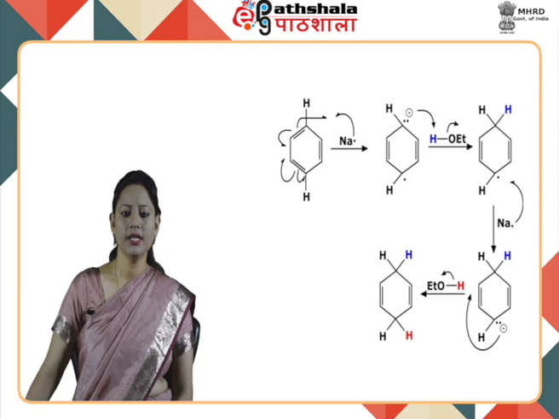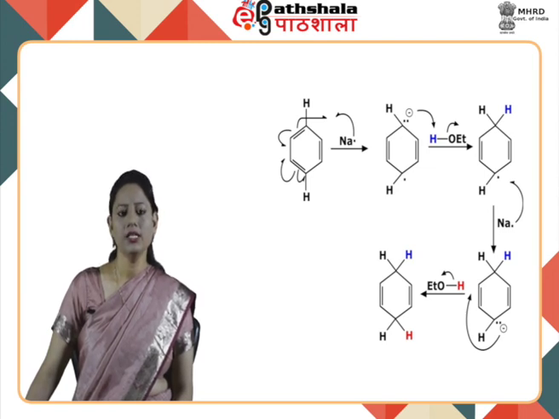Now we will study the mechanism of Birch reduction. From the mechanism, it is clear that sodium radical is involved in the reduction, which also forms some other carbon radicals as intermediates in the whole process. So the sodium radical formed after loss of an electron from the metallic sodium reacts with benzene to form a radical and anion.